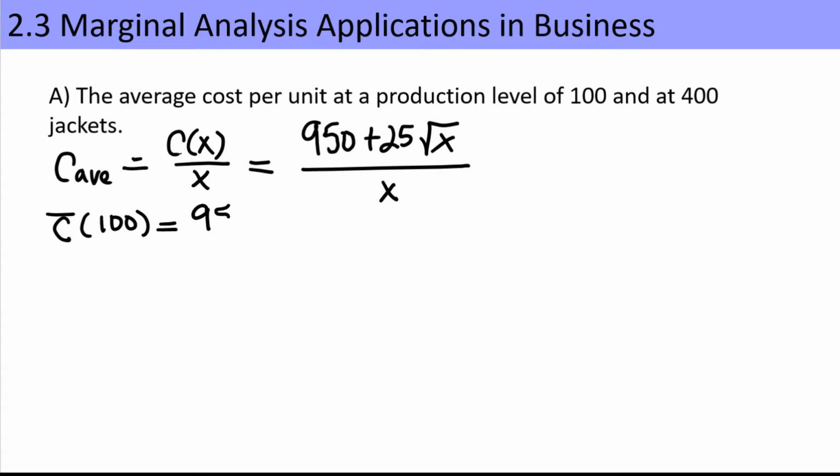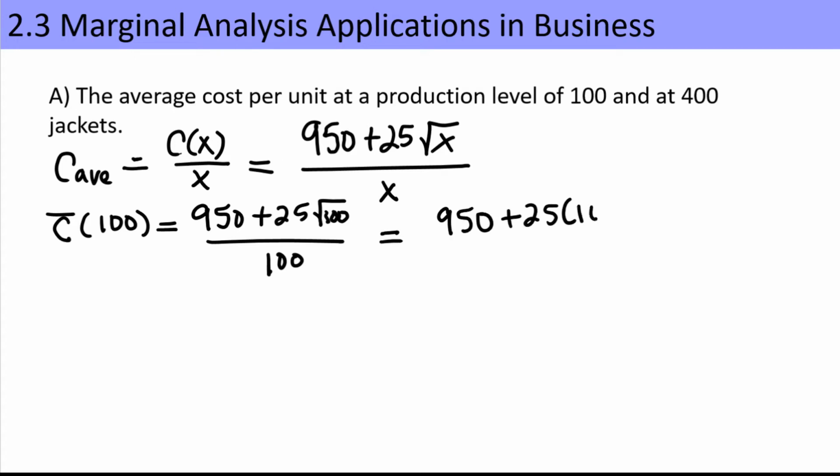That would be 950 plus 25 times the square root of 100, divided by 100. That will simplify to 950 plus 25 times 10, divided by 100. So that will be 950 plus 250 is 1200, divided by 100, which is 12.